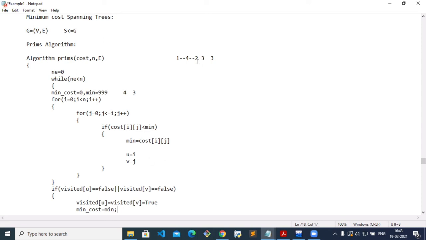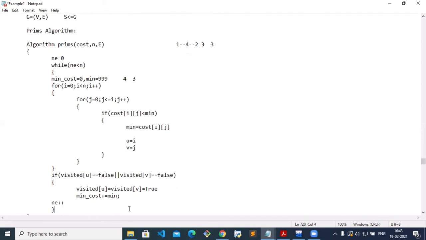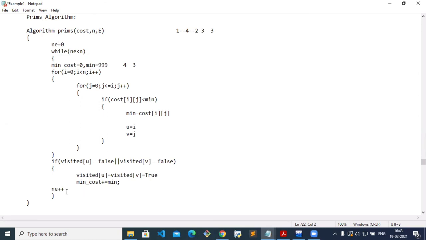For example, 1, 2, 3. Min cost is initially 0, so min cost is equal to min cost plus min: 0 plus 3. Next, for the second vertex, if the minimum cost min is equal to 5, since 3 is already there, 3 plus 5 is 8. We will get that. If you want to print, you can print that also. So here you can close this.